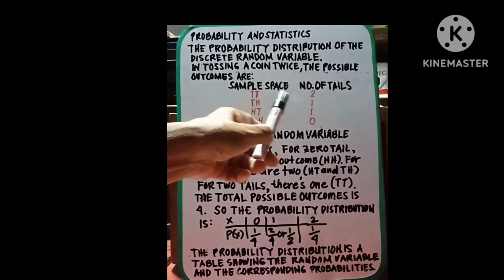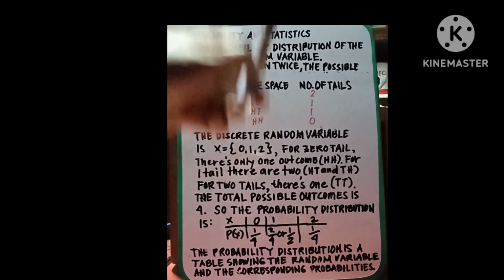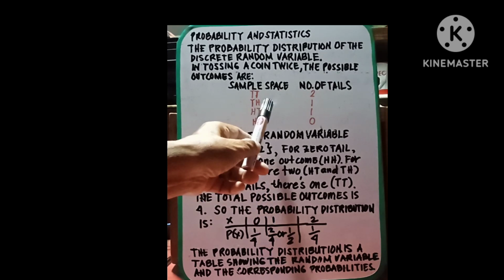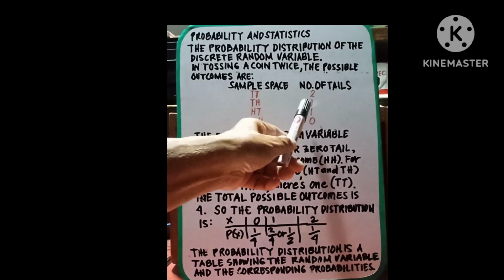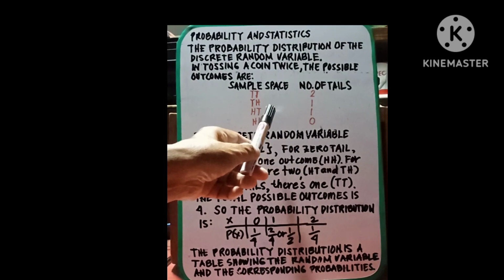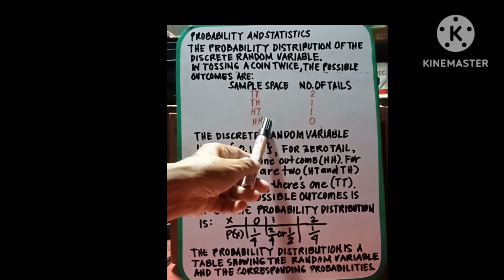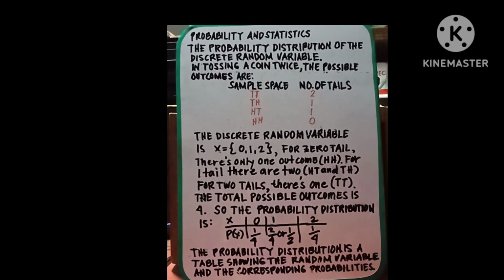For two tails to come out, we have TT; for TH we have 1 tail; for HT we also have 1; and for HH we have 0. That is the number of tails.